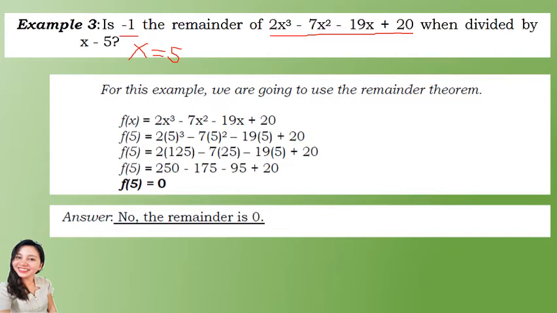Perform: 250 minus 175 minus 95 plus 20. So, f of 5 equals 0.